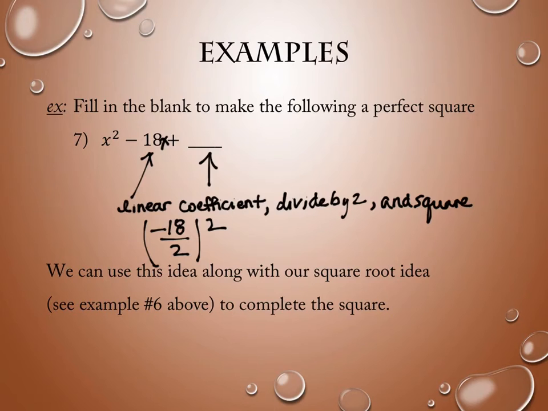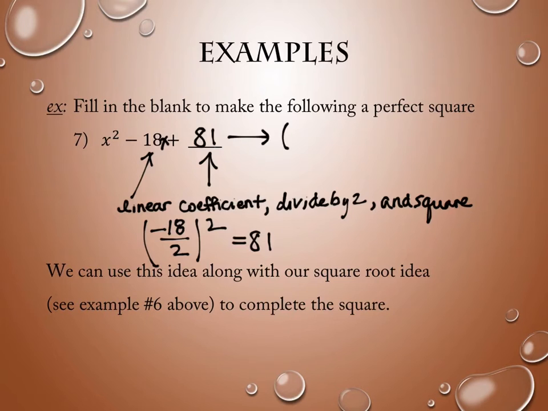That's always the way that it works. So what is negative 18 divided by 2? It's negative 9. And what is negative 9 squared? Positive 81, you bet.